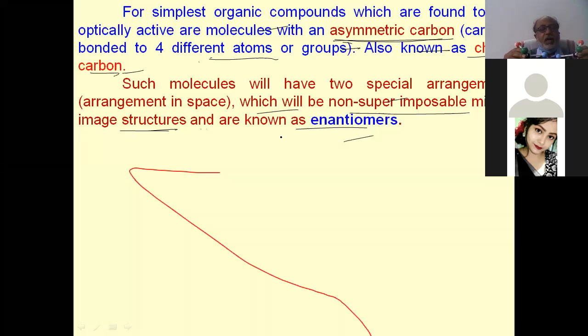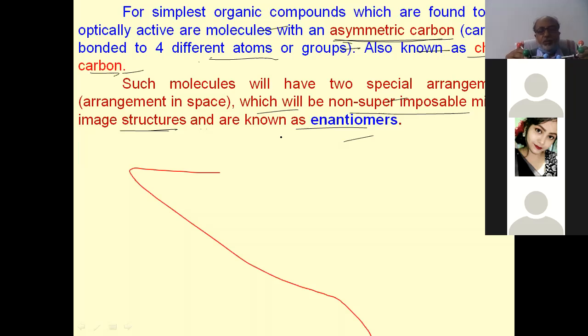If they are the same, when I superimpose them, they should fall on each other. Red should fall on red, blue should fall on blue. Now let me try to match them. Green is green, red is red. But now, what happens to this? This pink is falling on blue, and blue is falling on pink of the other.